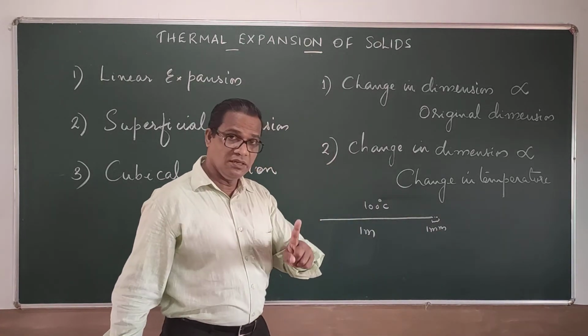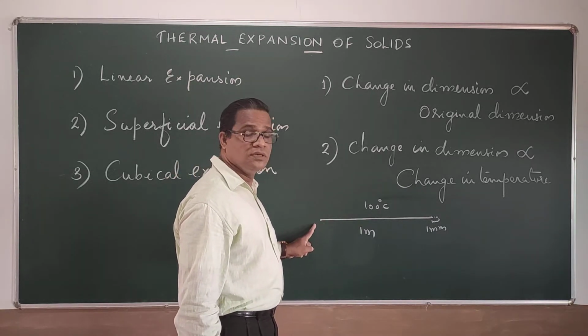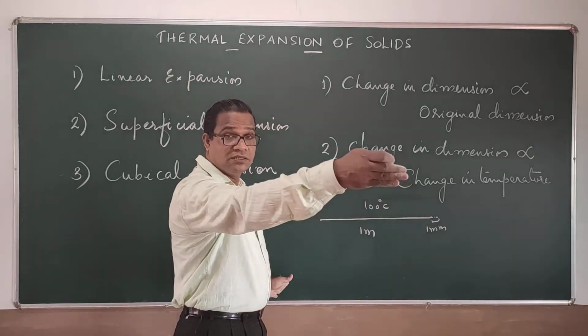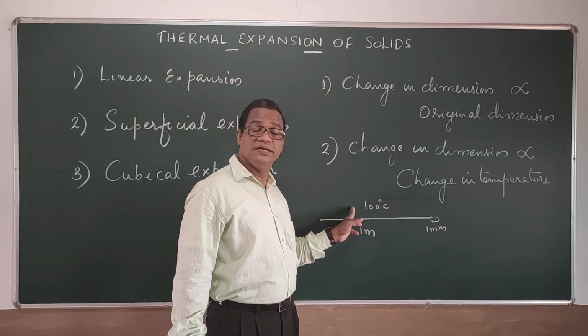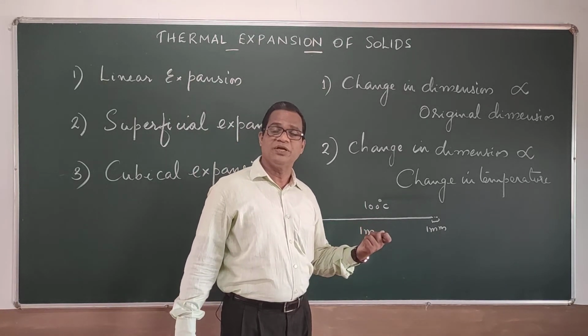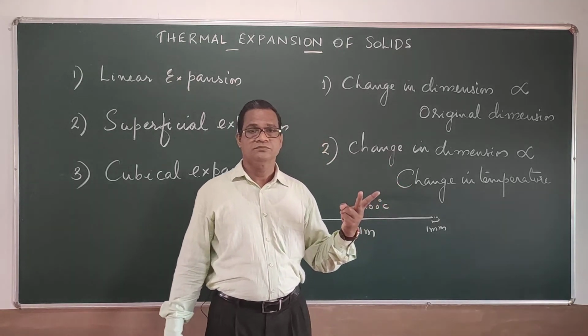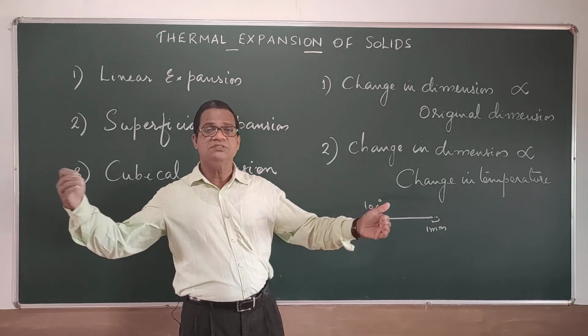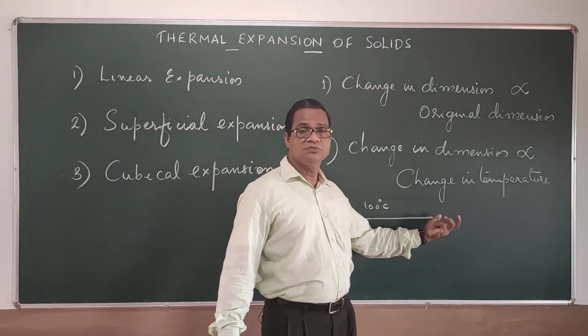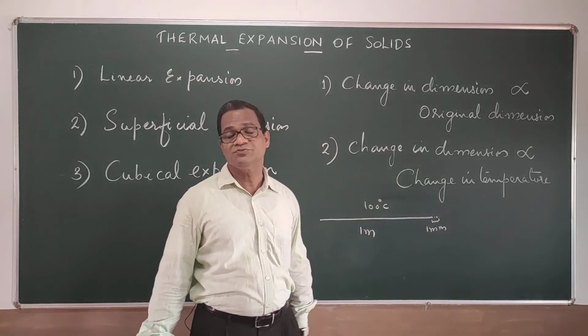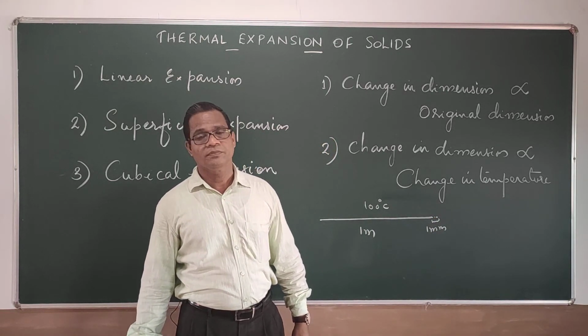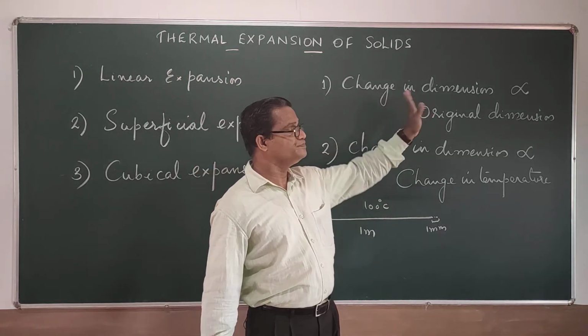The same material, same thickness, if I take 2 meters and heat it to 100 degrees Celsius, I can expect almost 2 millimeter expansion. So if the initial length is more, the expansion is larger. This is the meaning of the first conclusion.